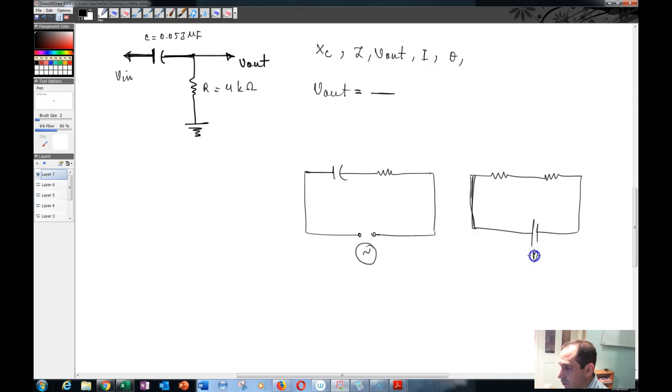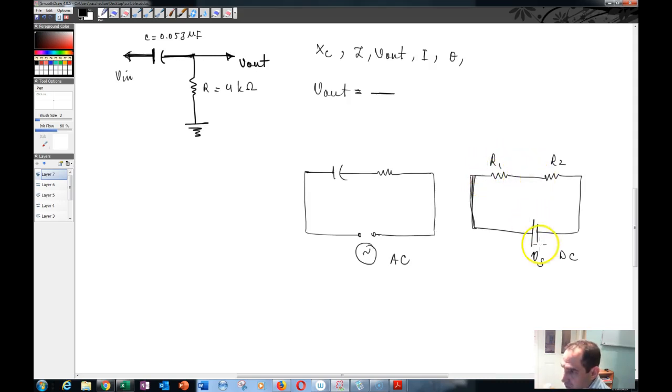So this is your V of S. So for example, this is R1, R2, and this is a simple voltage divider circuit in DC. Now when it comes to AC, it's basically again the same principle. There are a lot of similarities between these two circuits, meaning the basic principles are the same.